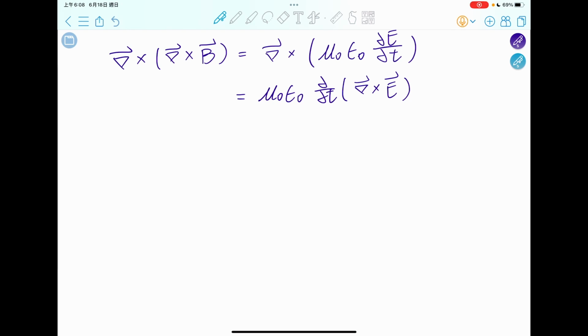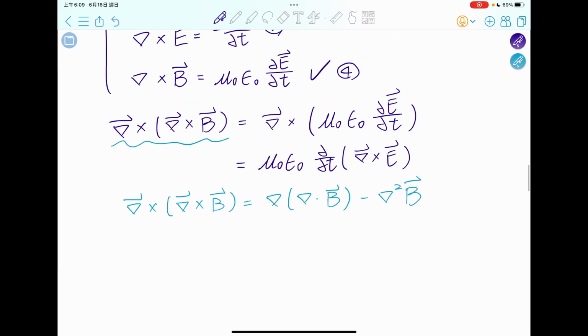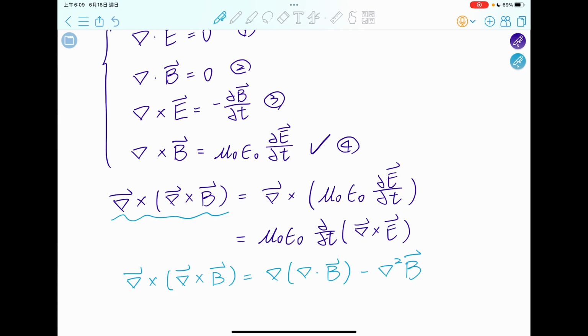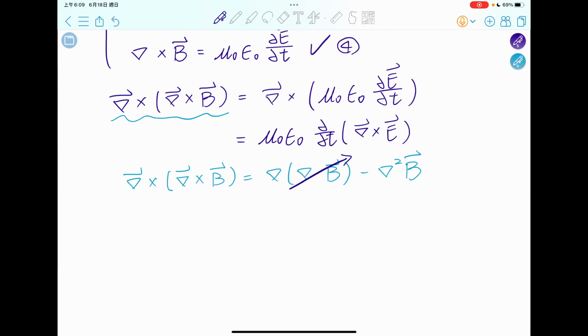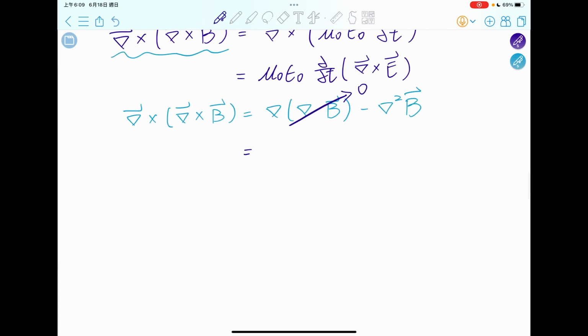And then we also rewrite del cross del cross B as the gradient of del dot B minus the Laplacian of B. And from the second equation here, we know that this term is equal to 0. So del cross del cross B will equal negative Laplacian of B.